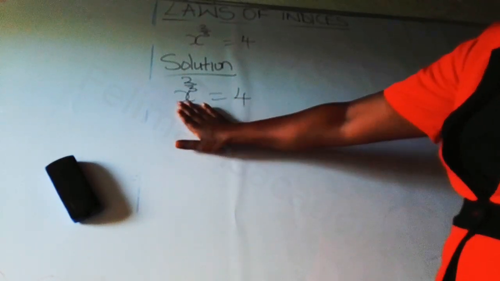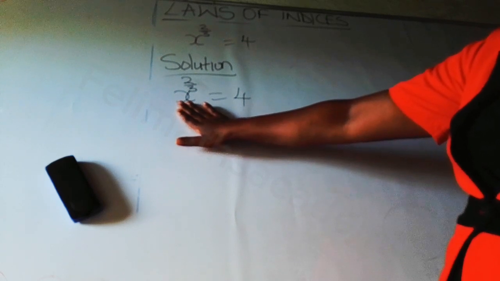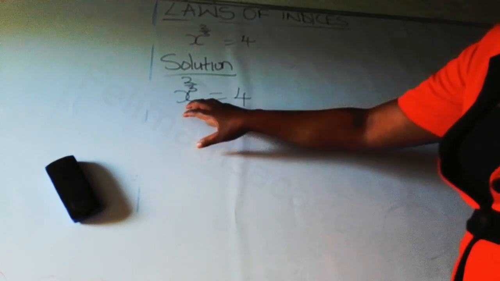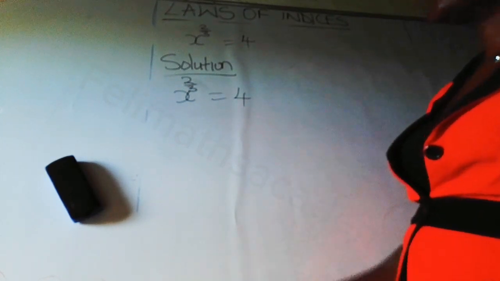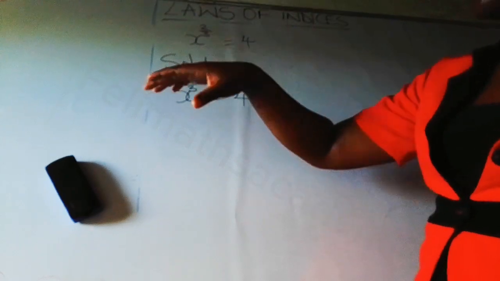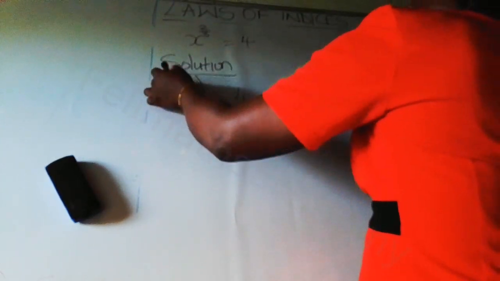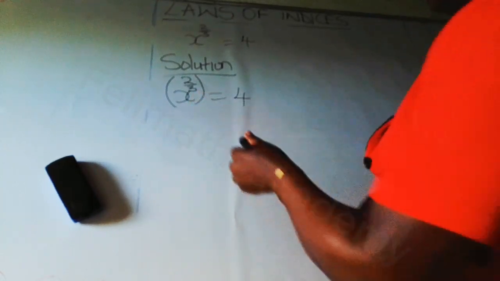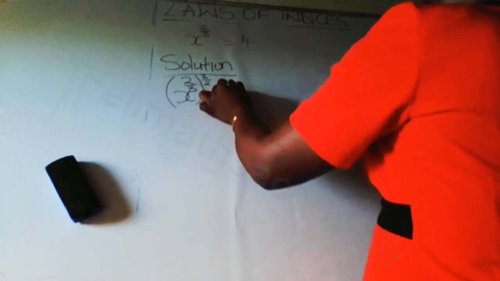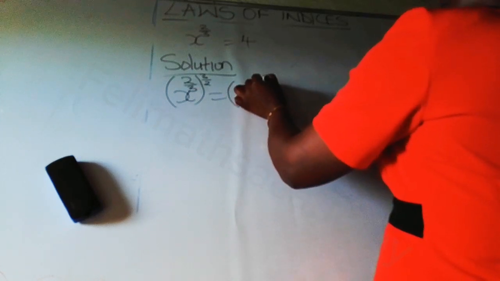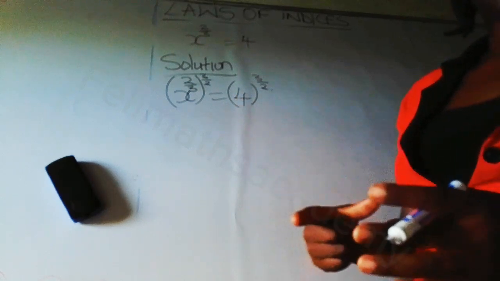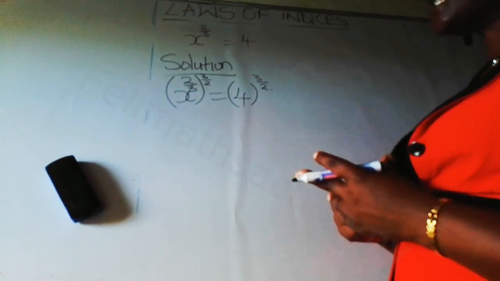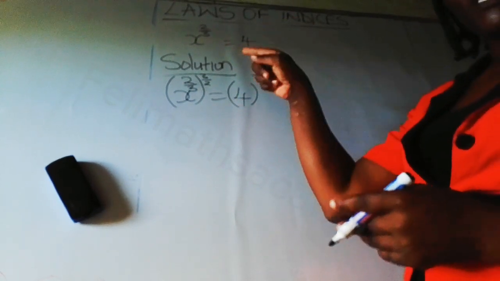To remain with x on this side, we just introduce another power that is an inverse, a reciprocal of this. So we raise all this to the power 3/2 and raise all this to the power 3/2, so that when these two multiply each other, we get a 1. We want to eliminate that power.